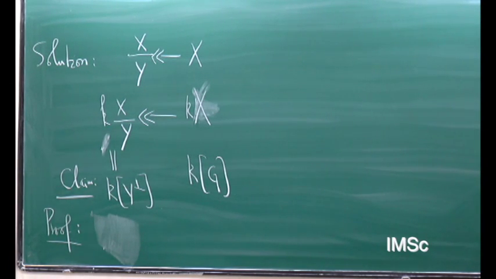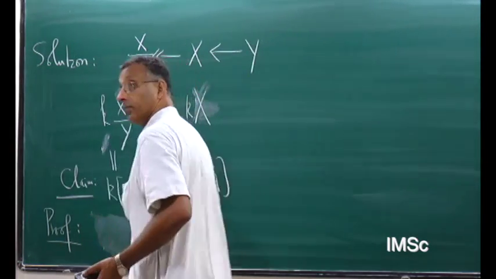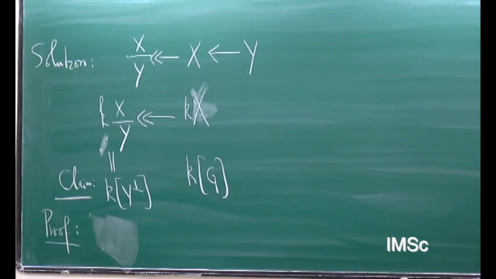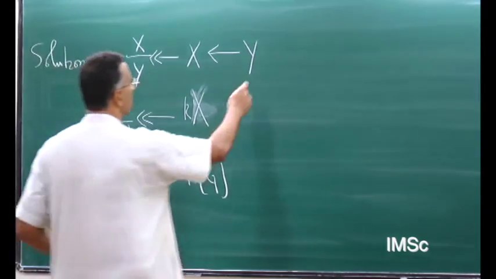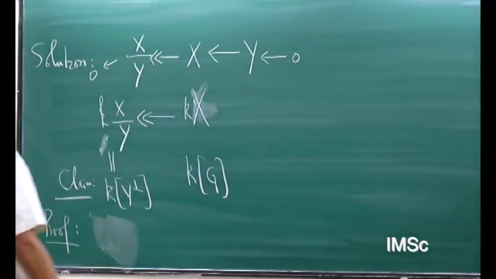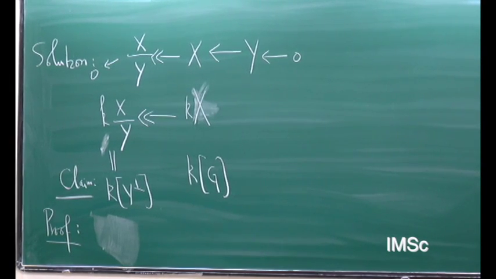So the kernel at this level is Y, right? Of the abelian group morphism. This is the kernel. So I can write this. That's an exact sequence.